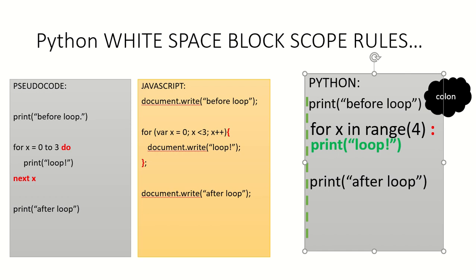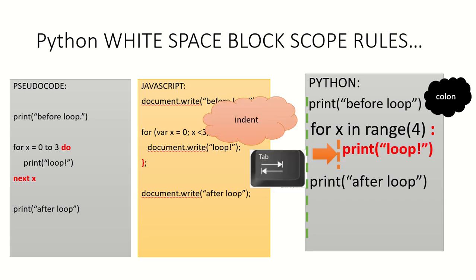The answer to that question is whenever there's a colon, Python expects the code that follows it to be indented by 1 tab space. That simply means move your mouse cursor to the beginning of the line, press the tab key once, and it will be indented. So the tab key is used to produce indents.